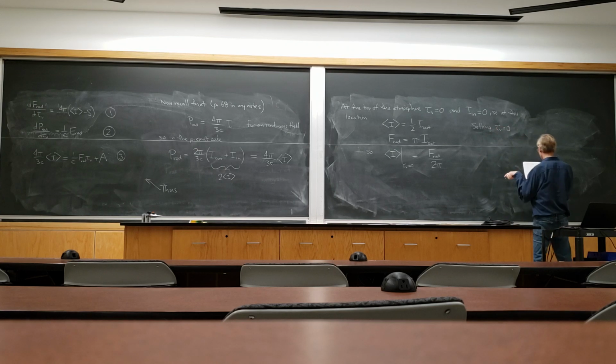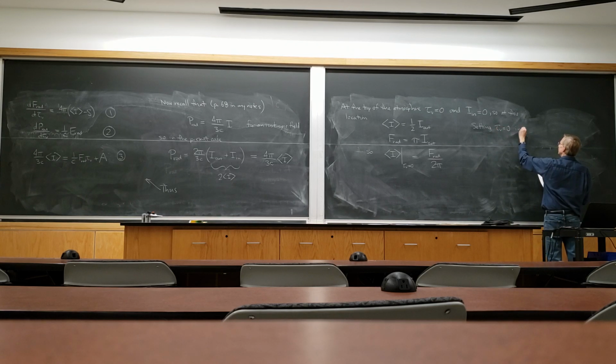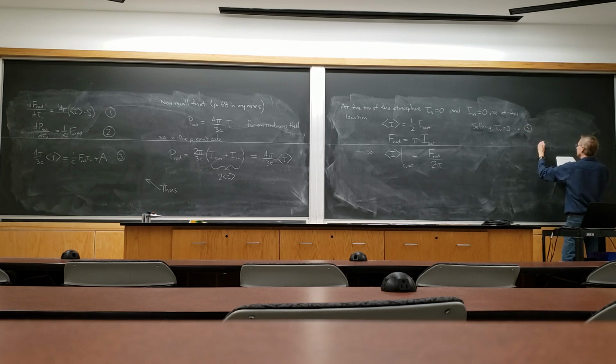Setting tau v equal to 0 in equation 3 yields that 4 pi over 3c times f rad over 2 pi is equal to A. In other words, 4 pi over 3c times the mean intensity is equal to A, but the mean intensity at tau v equals 0 is f rad over 2 pi.